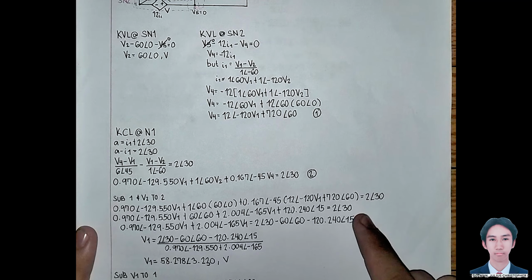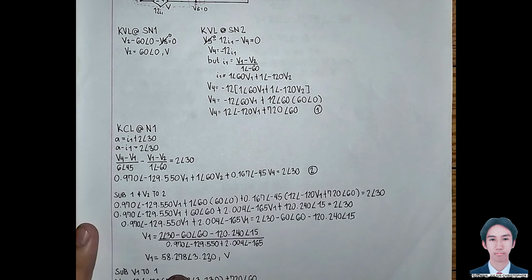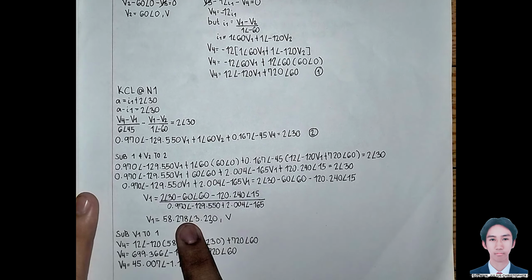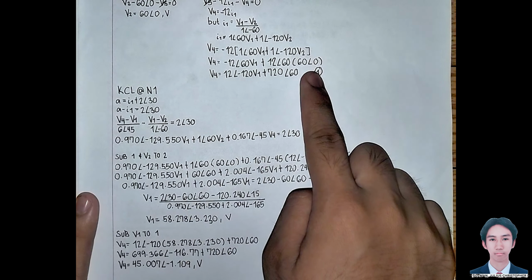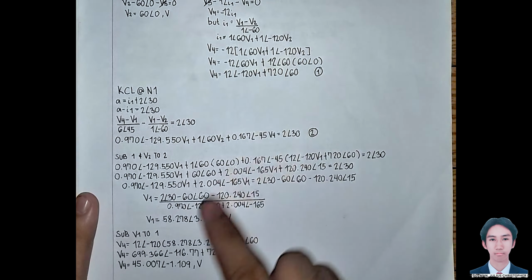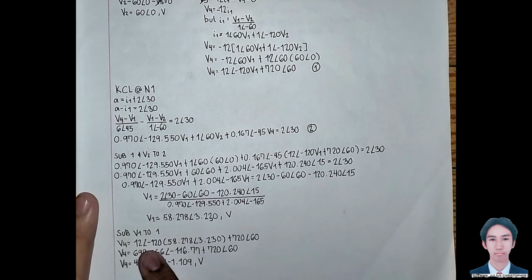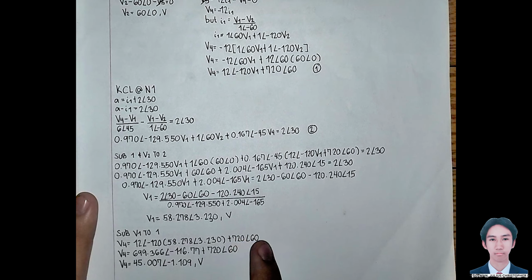By manipulating and simplifying, V1 now is equal to 58.278∠3.23° volts. Now we substitute V1 in equation 1 to get V4. V4 is equal to 12∠-120° times the value of V1, plus 720∠60°. V4 now is equal to 45.007∠-1.109° volts.